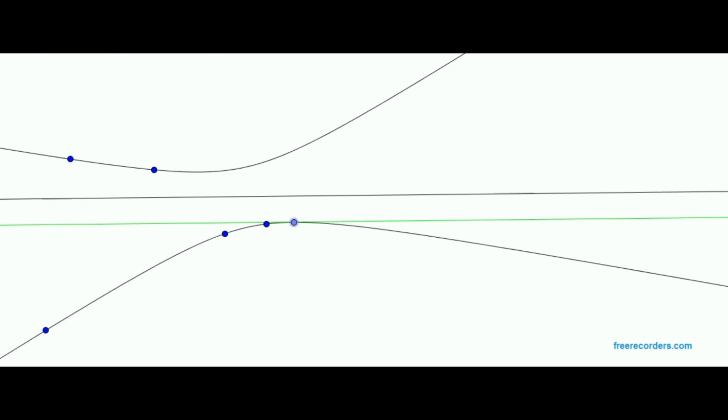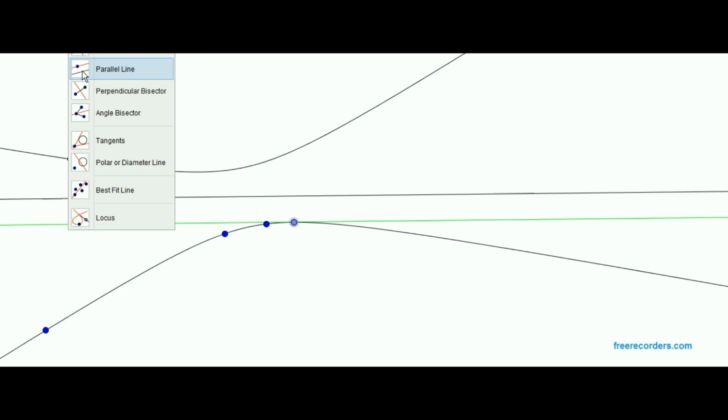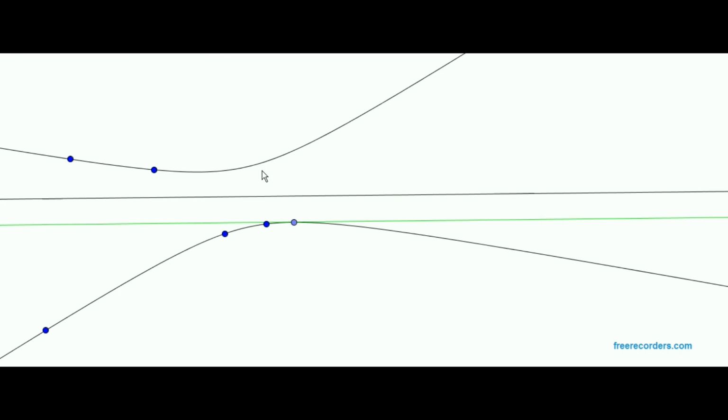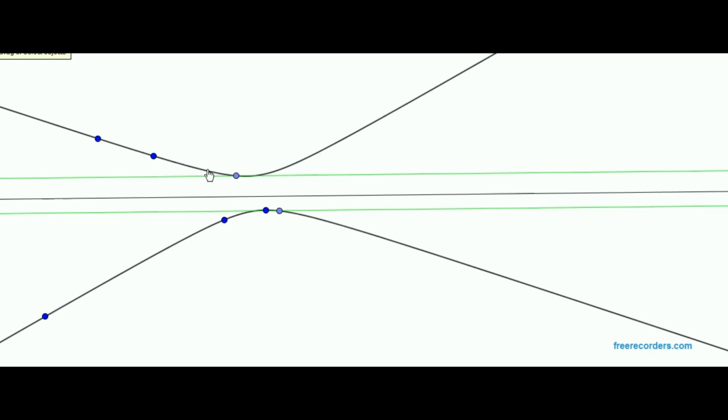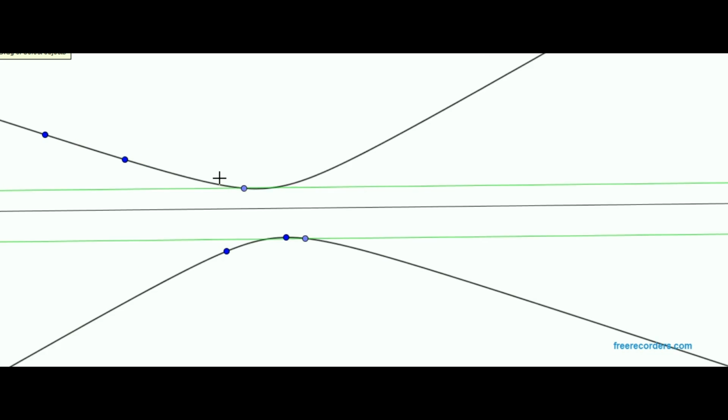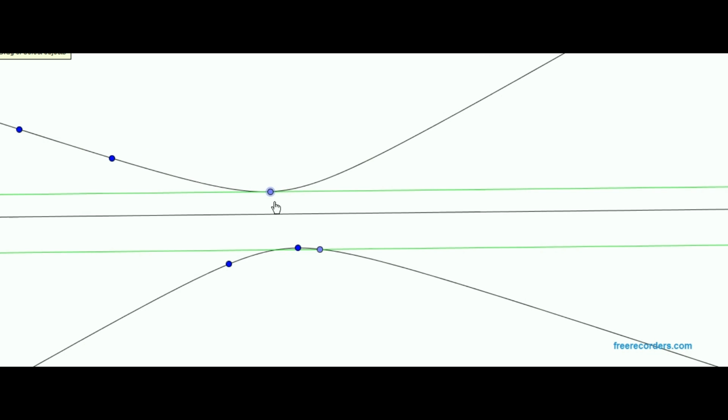One here, and again probably around there. I'll just make this hyperbola a bit sharper so that things are a bit clearer.